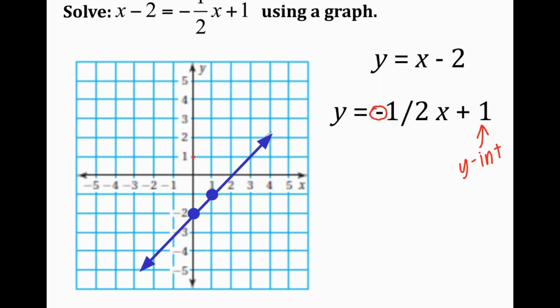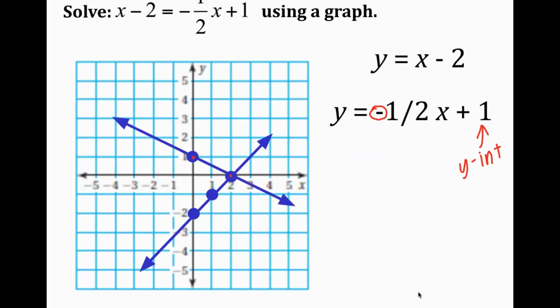And this is 1 over 2. So you would go down 1 unit and then run 2 units to the right. And I recommend that you continue to draw points until you hit your other line. So in this case, with just 1 other point, we were already able to hit y equals x minus 2. So I'll go ahead and connect my 2 points with a line.